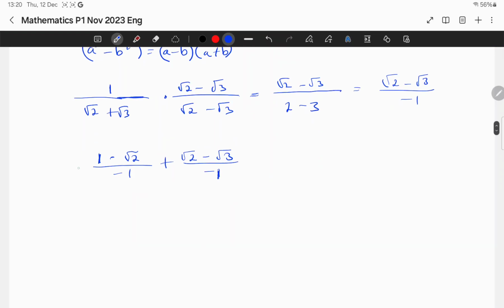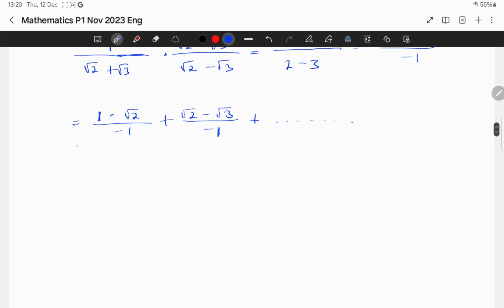We simplify that. I'll just put dots for now. We simplify that, it becomes, by dividing by negative 1, we get negative 1 plus root 2 minus root 2 plus root 3.